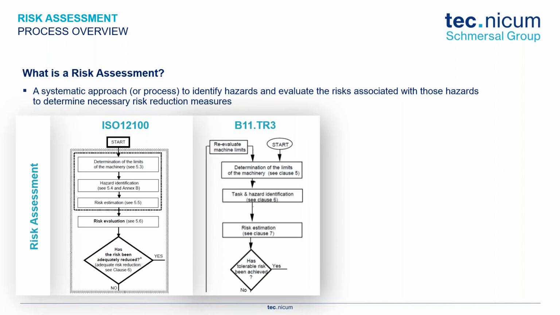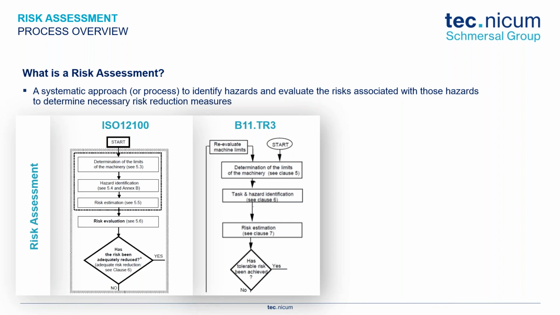For the technical report, again, this will be a full page, but I'm just showing the basic elements of the risk assessment, where again, we define the scope or define the limits of the machine. Then we do a task and hazard identification. Again, what are the potential sources of harm? And then we do a risk estimation, which is the same idea, where we quantify the risk.